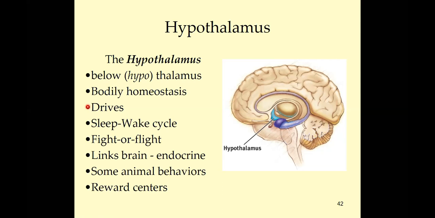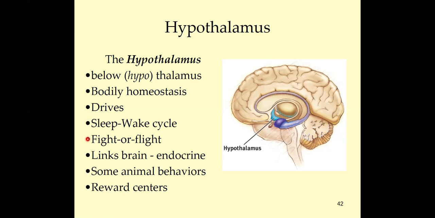And it's going to drive us to drink some kind of liquid and remedy that situation. So hunger drive, thirst drive, sex drive. It's also involved in the sleep and wake cycle as well. We'll get into more of that when we get into chapter 3 on consciousness.